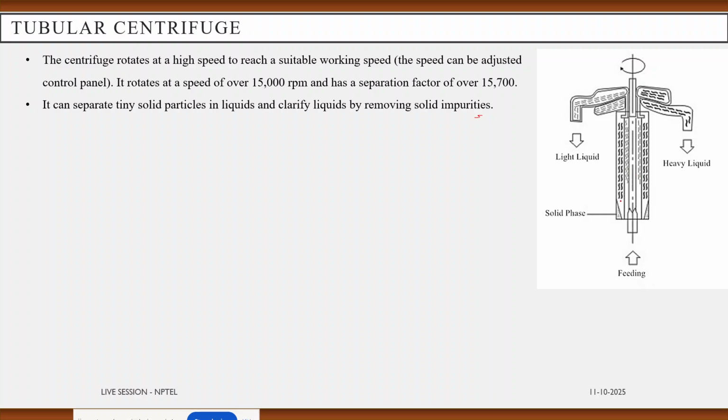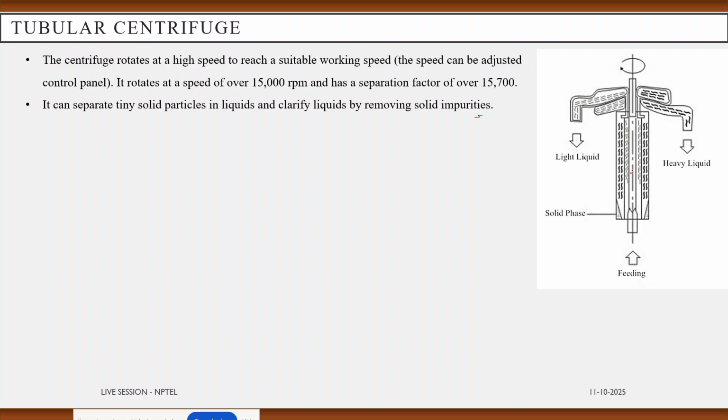Here you can see that the feeding is done at the bottom of the centrifuge, and it goes up where the light liquid will go from the inside chamber, very close to the axis of rotation, because this is the lighter density liquid, so it will be collected in this way.